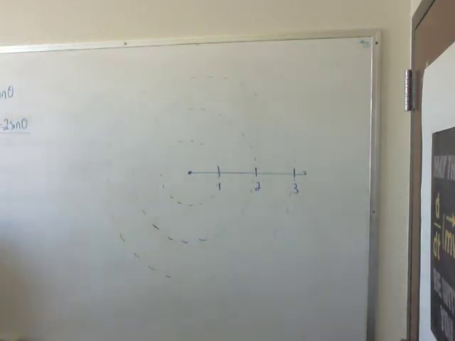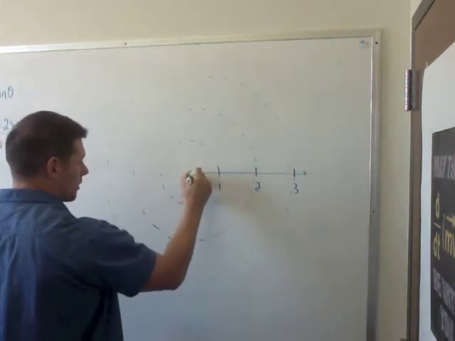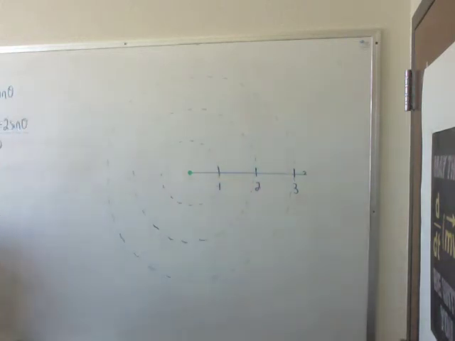If I put in 0 here, I get sine of 0, which is 0. 2 times 0 is 0, correct? So (0, 0) is one of the points on my graph. Now if I plug in pi over 6, sine of pi over 6 is 1/2, and if I multiply that by 2, I get the number 1.